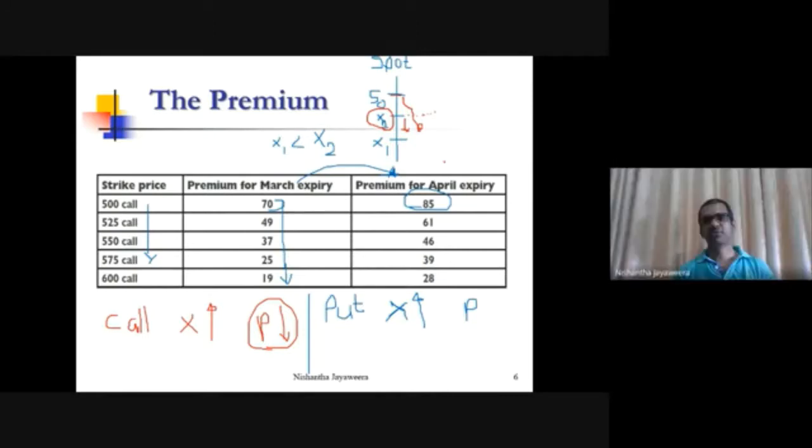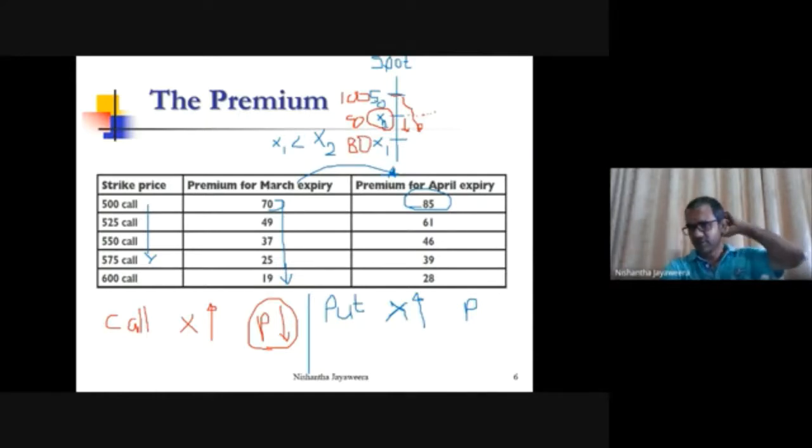S0 is 100, X2 is 90, X1 is 80. On the expiry, say after 1 month, assume it's a 1 month option.